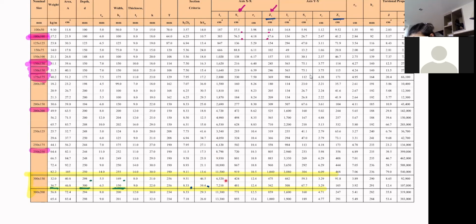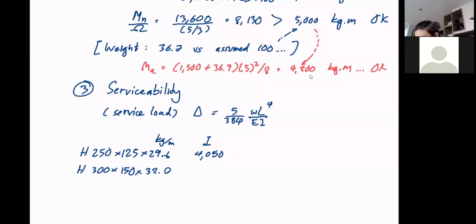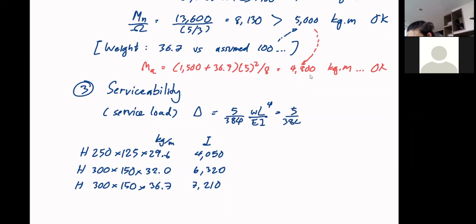That's more like it. 6320 and 7210, that's for the 300 by 150 by 36.7. Okay, so now I am going to calculate this, and it's going to be 5 over 384.